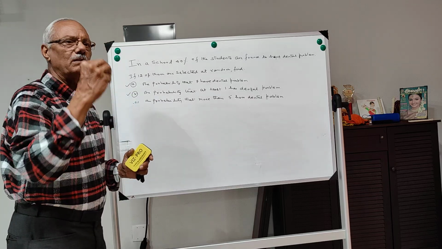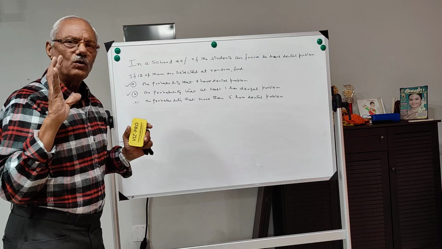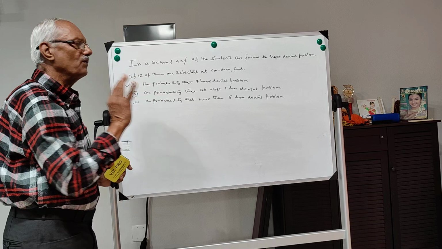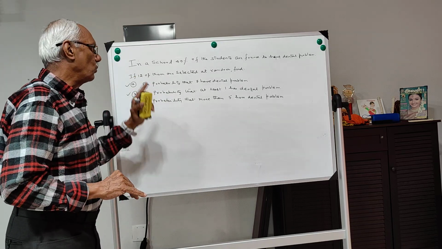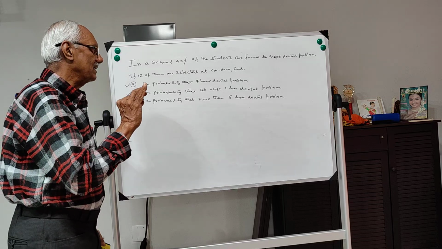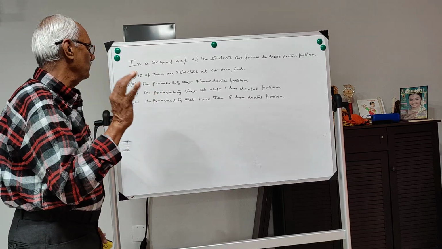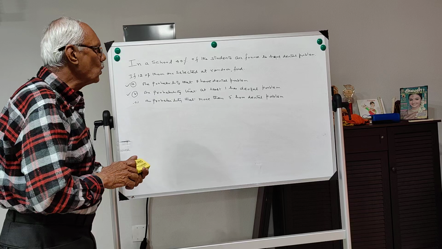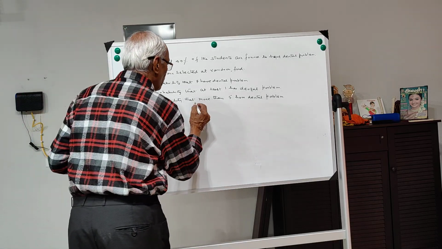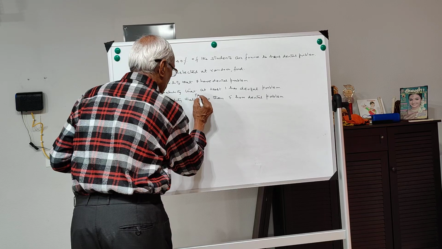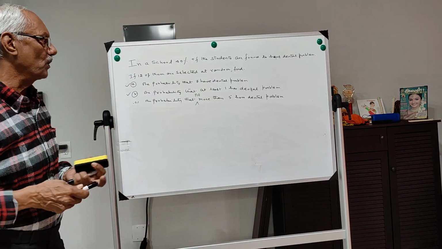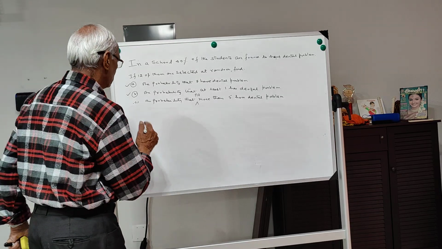So they pick randomly 12 students and go for an examination. The questions are: number 1, the probability that 7 have dental problem; the probability that at least 1 has dental problem; the probability that no more than 5 have the dental problem. So let us start doing this one by one.